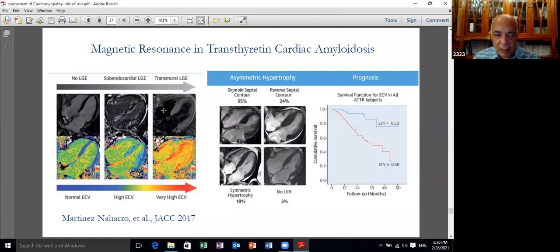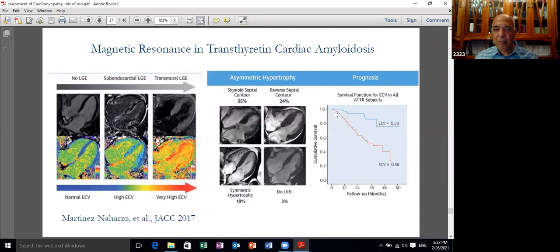So as you increase the ECV, the extracellular volume fraction, this means that you have something inside it. This something could be infiltration, could be diffuse fibrosis. How can we detect that? By mapping. And the more the extracellular volume increases, the more you get cardiovascular events. So mapping is actually the future of delayed enhancement.